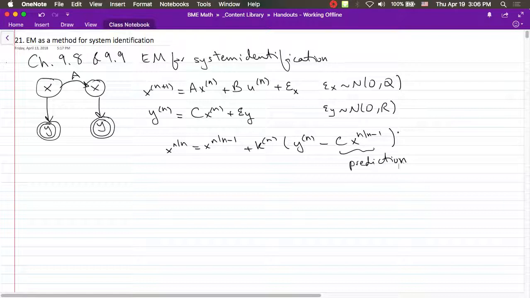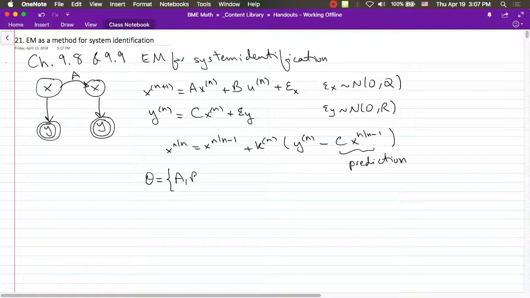Now that you have x, what EM does is says, okay, you have this hidden state x. Now go back and estimate the parameters: A, B, C, things like that. And so today we're going to learn how to do that. How do we go from our estimate of x to our estimate of the parameters? So what are the parameters of our system here?